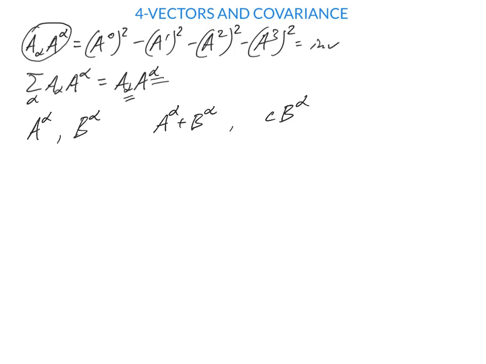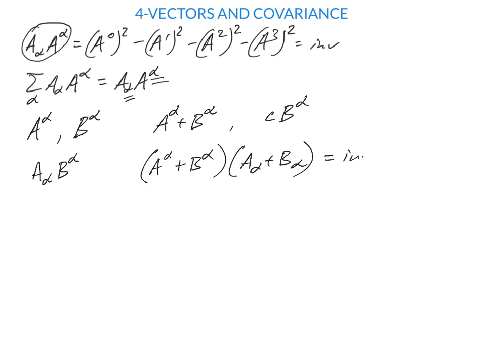Now, let's consider a contraction A sub alpha B superscript alpha. This must be a scalar. Why is that? Well, let's consider A alpha plus B alpha, which is a vector, and then contract it with itself. So this is a scalar. It's invariant under Lorentz transformations.